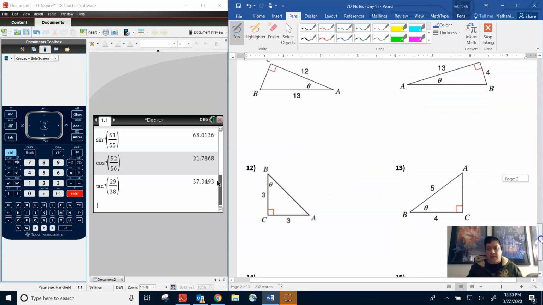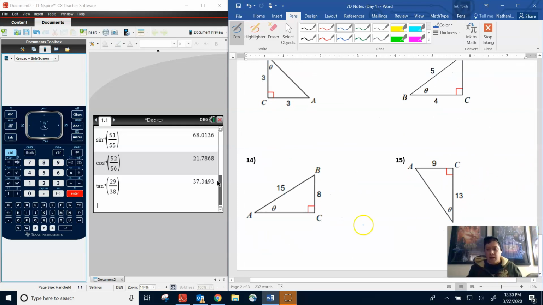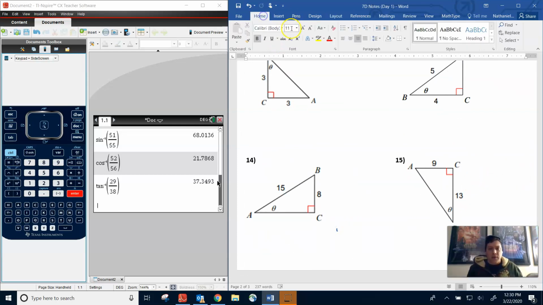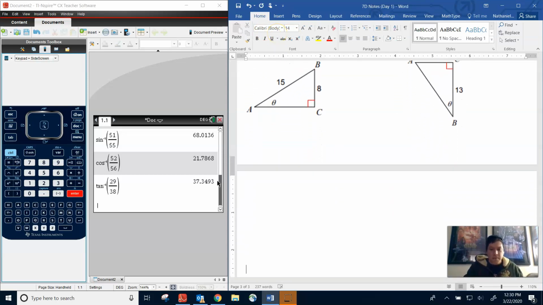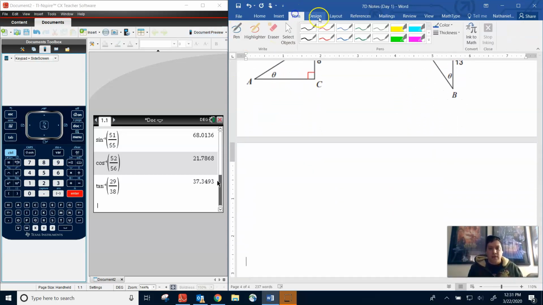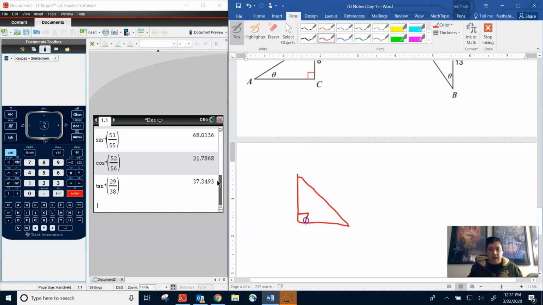So for instance, in a more abstract way, if you want to look at it, I'll add just a quick little thing here. For instance, if you're given a triangle like this, and let's say this is a 3, 4, 5 triangle, right? Well, to find this angle here, you can use any of the 3 trigonometric ratios.